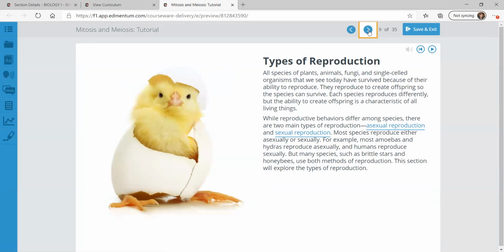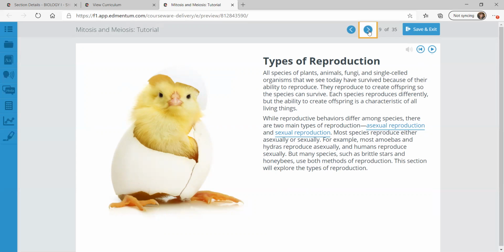All species of plants, animals, fungi, and single-celled organisms that we see today have survived because of their ability to reproduce. They reproduce to create offspring so the species can survive. Each species reproduces differently, but the ability to create offspring is a characteristic of all living things.